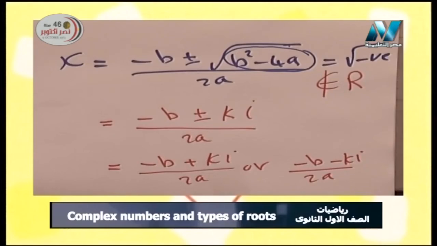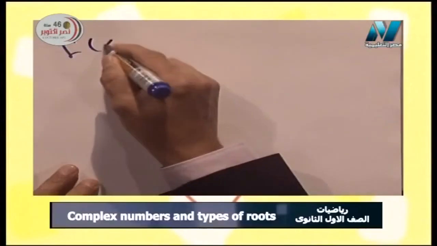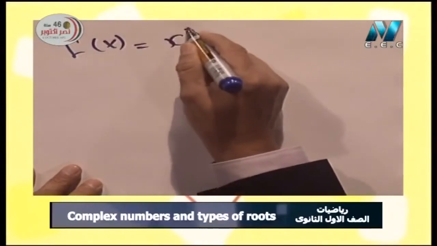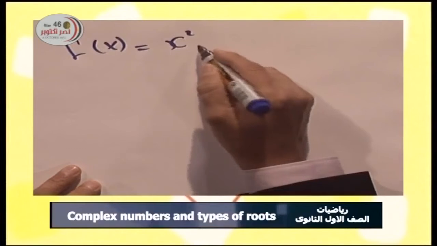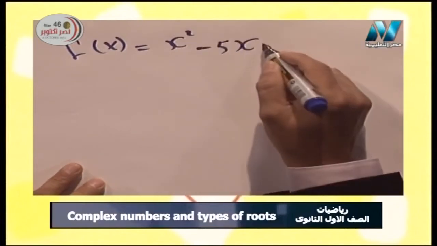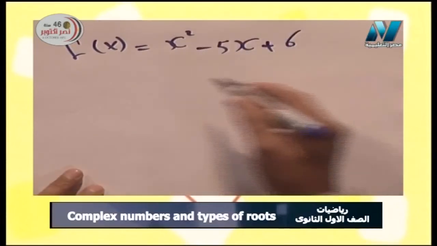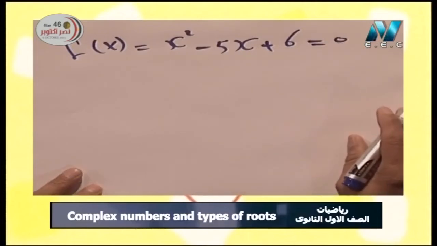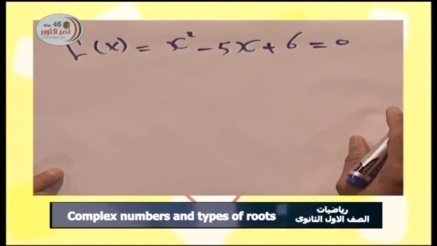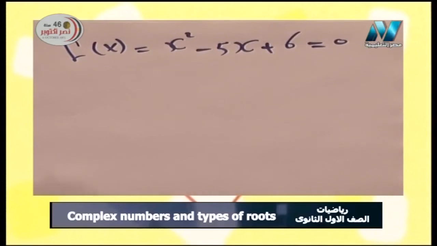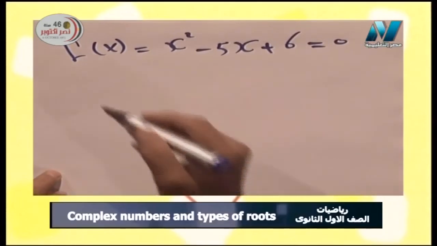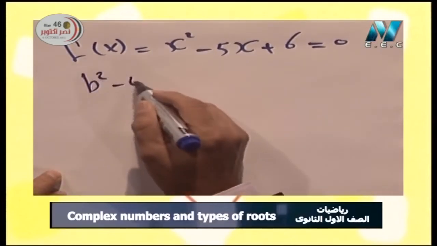Let's go to an example here. If we have f(x) equals x² - 5x + 6, and this equation equals 0, and we want to find out the type of these roots, we just calculate the discriminant, which is b² - 4ac.